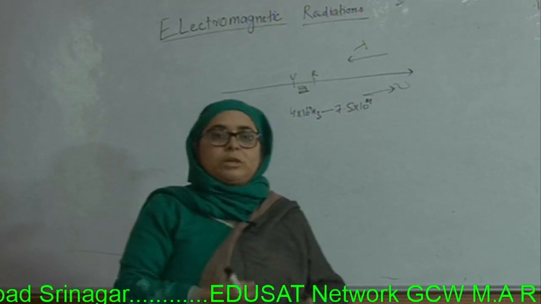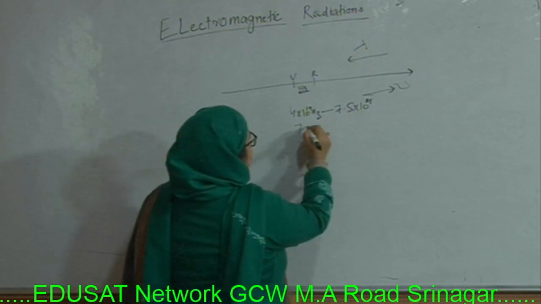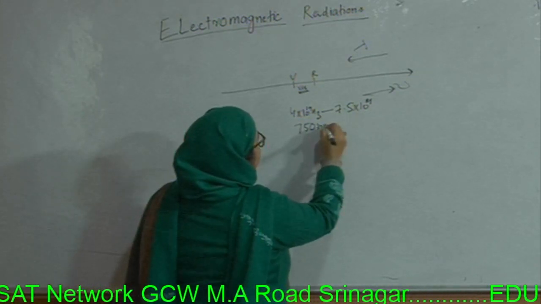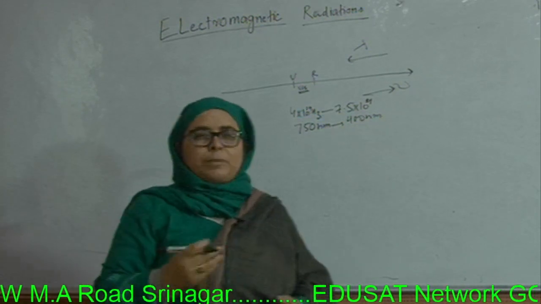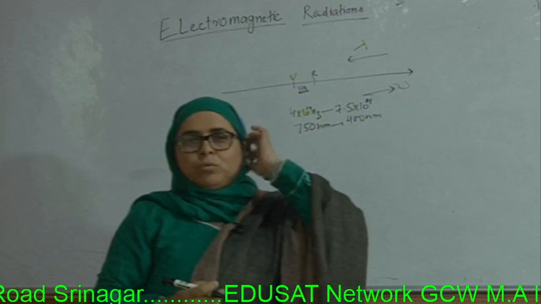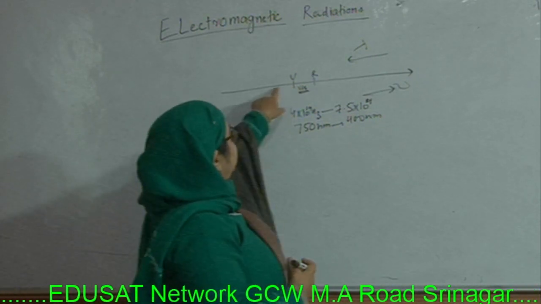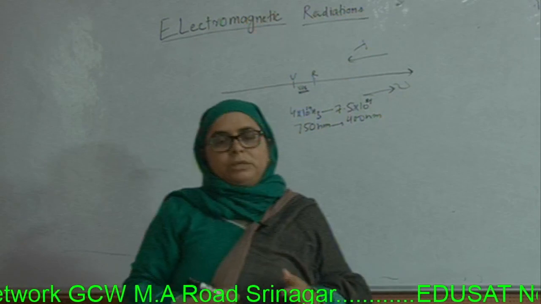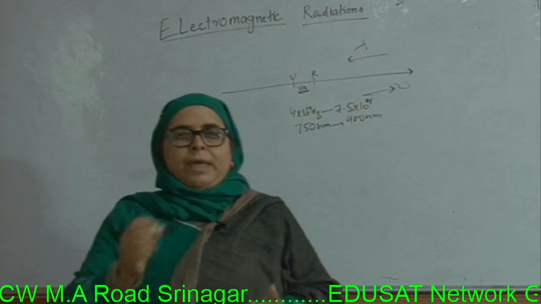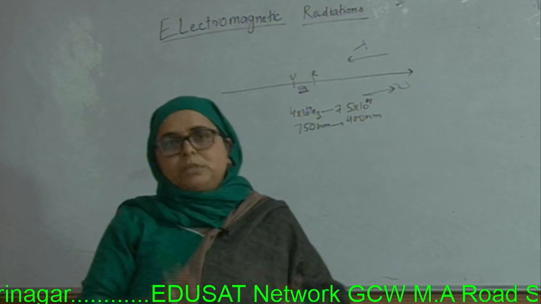And if we talk in terms of wavelength, it will be something like 750 nanometers to 400 nanometers. These are the approximate values. Now we have got radiations beyond this also. Beyond this range we have got radiations, and before this also we have got radiations. Like we have got X-rays, gamma rays, microwaves, infrared, ultraviolet.